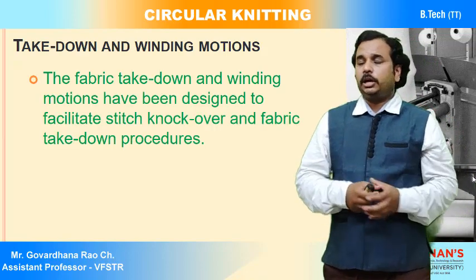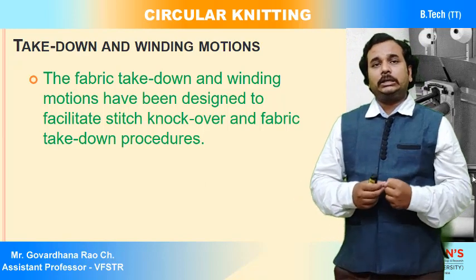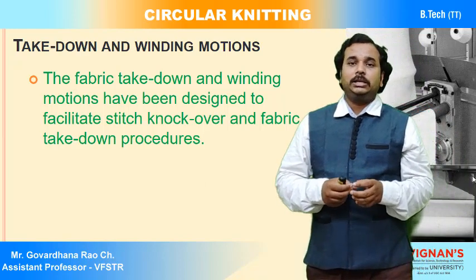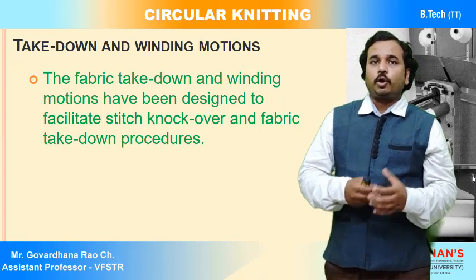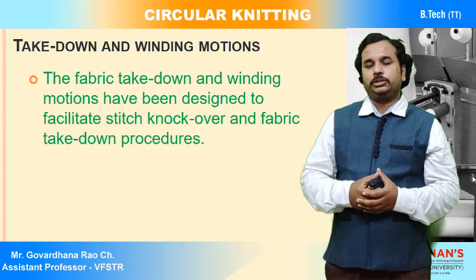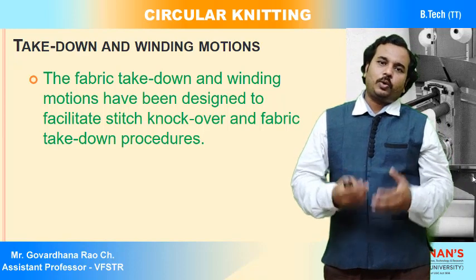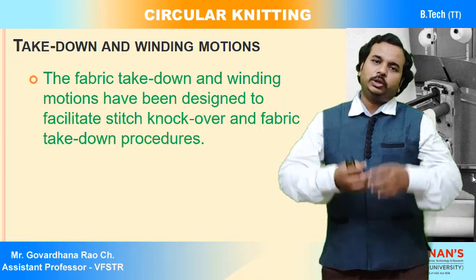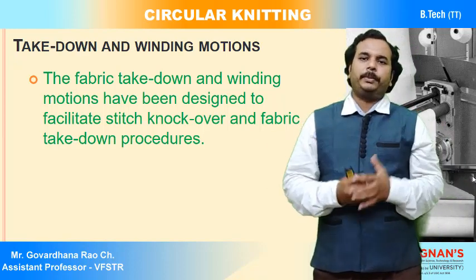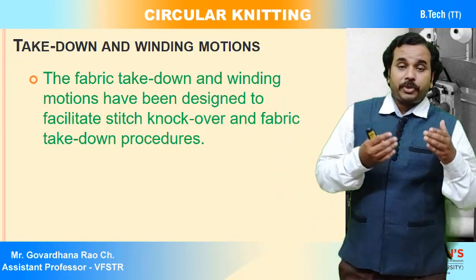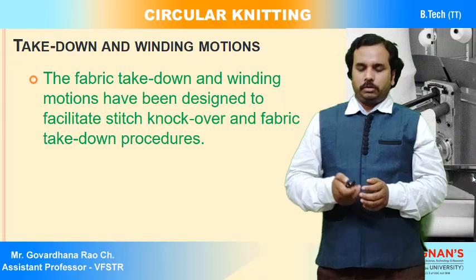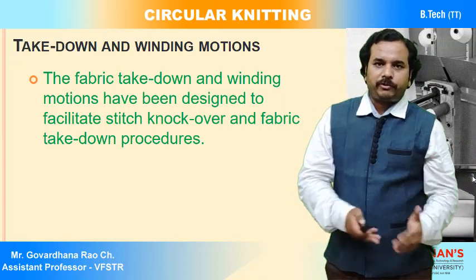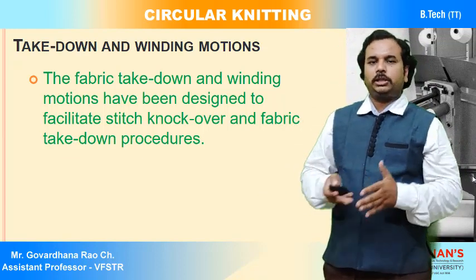You can observe here that the fabric takedown and the winding motion have been designed to facilitate stitch knockover and the fabric takedown procedures. After stitch knockover, knocking over being the loop pulling, after the loop preparation, the formed loops are taken down to the further procedure.